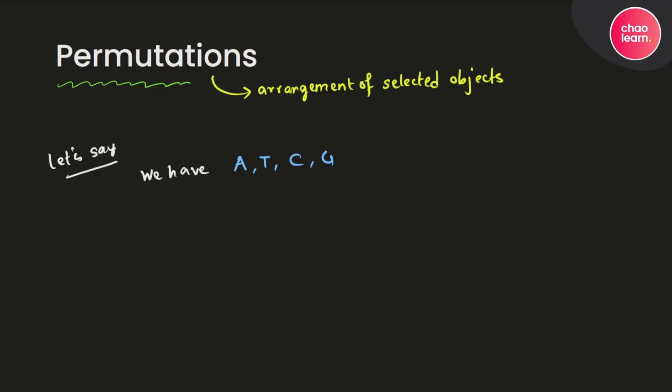So the problem statement is: permutations of the 4 letters A, T, C, G taking 3 at a time.